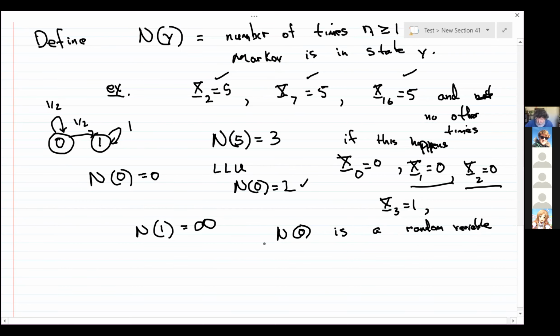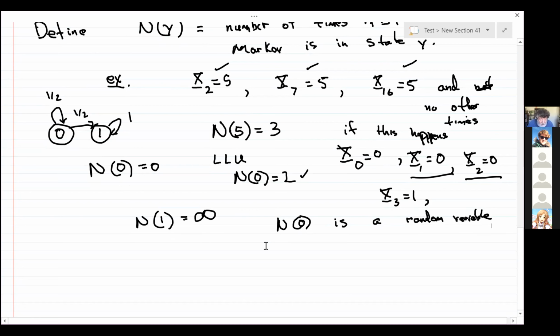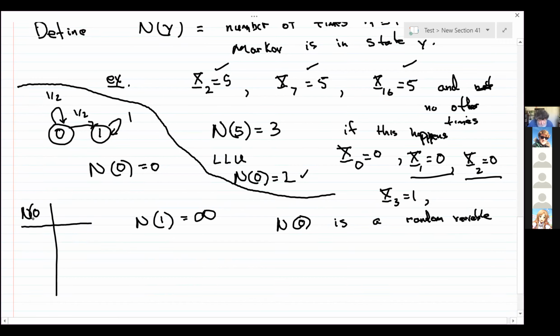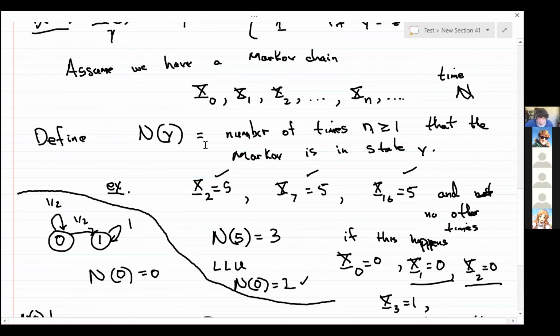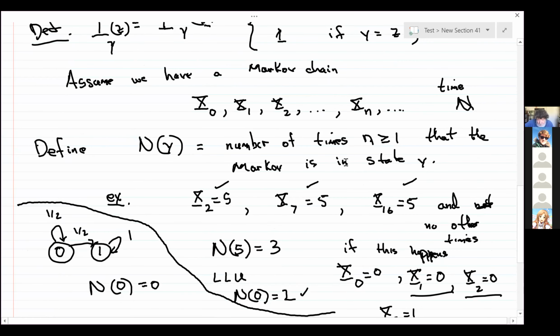And actually, let's make sure that's clear. I'm just going to stick with this; it's probably the simplest example I can come up with, right? So if it's a random variable, what are the values it takes? Well, it's possible the number of times you visit 0, the number of positive times, because that's how this thing is defined, right? Number of times greater than or equal to 1.